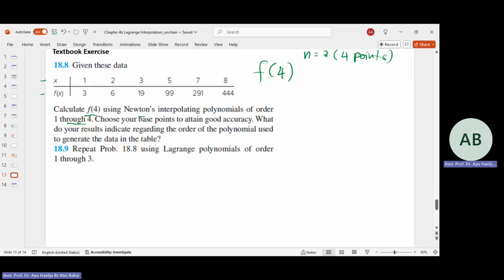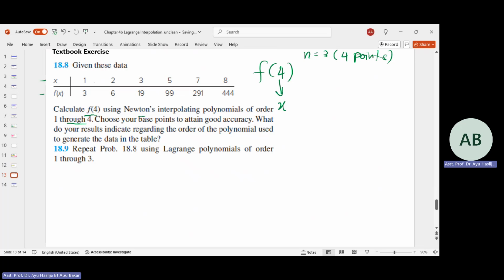Why do you say 4? Point F4, so your x is 4. Yes, correct. Okay, so make sure you understand how to find the info. Here it is F4, so 4 is your x.